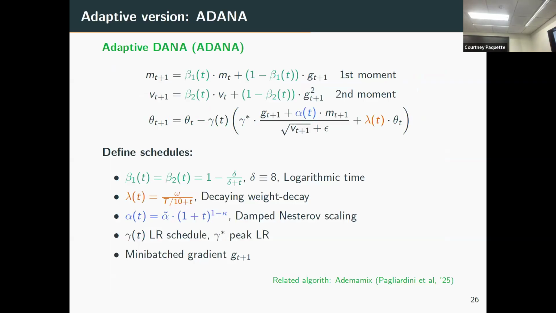So what does this look like? This is an Adam version of what I just did, okay? Beta 1 is your momentum, m_t. Beta 2 is dealing with your second moment. You're going to add an alpha, which is your damped Nesterov scaling, and you have to deal with weight decay.